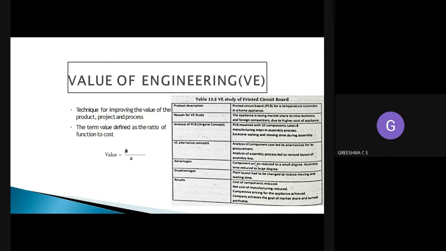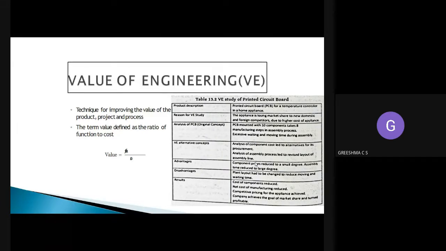In the result, we have reduced the cost of the components and the manufacturing cost. Again, the cost has become achievable for the middle class and lower class people. Earlier it was only accessible for the higher class people, now the middle class and lower class people can access it.